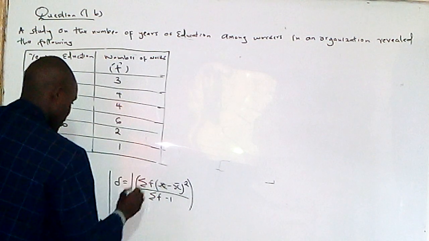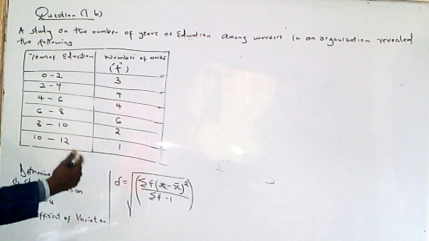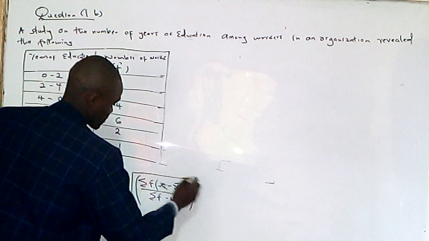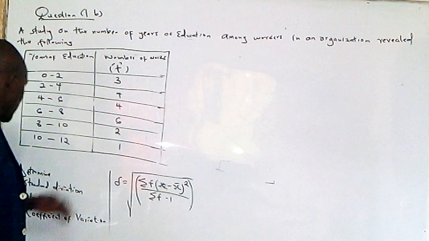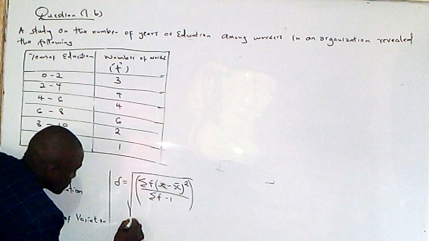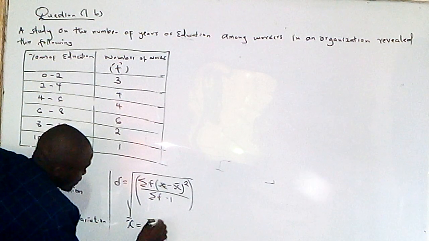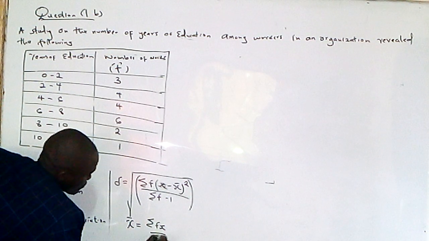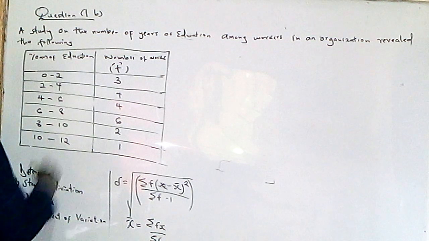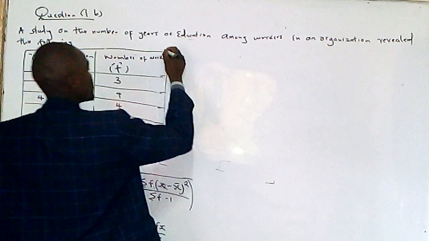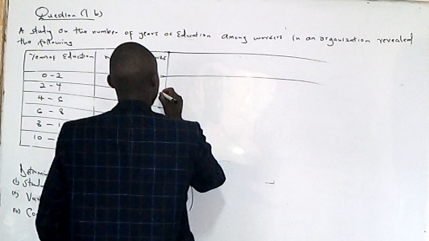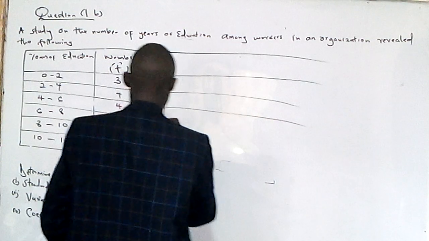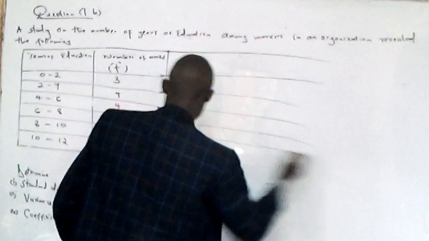Then the mean is equal to summation of fx over summation of f. We will extend this table to add some columns and rows.